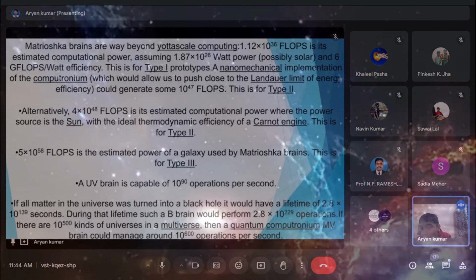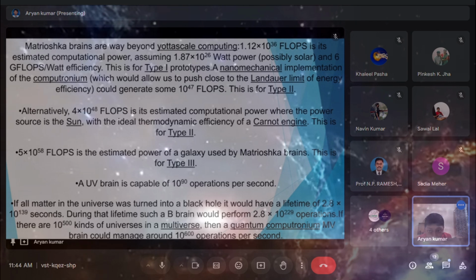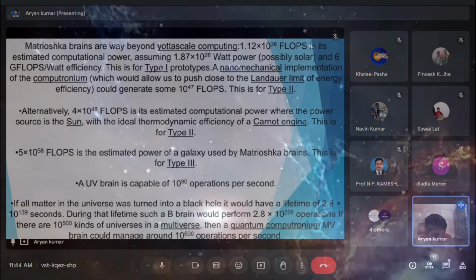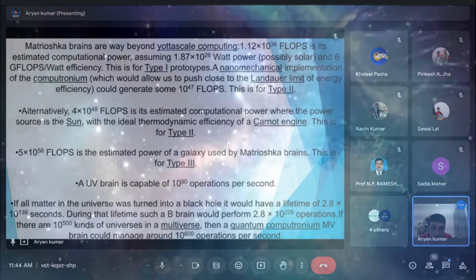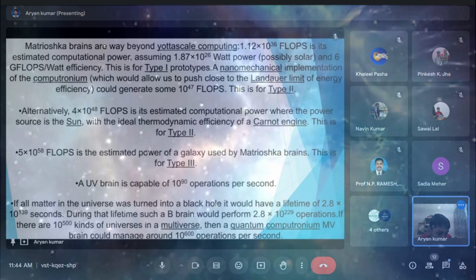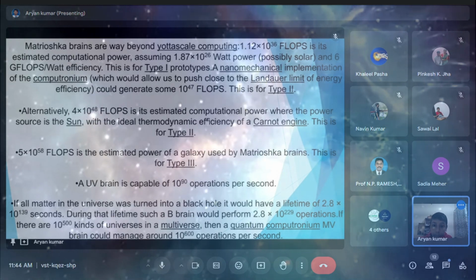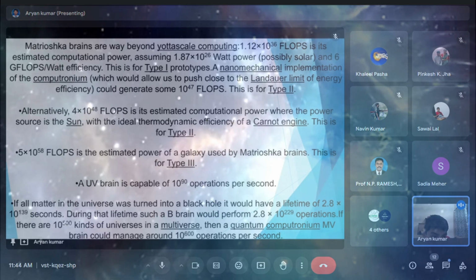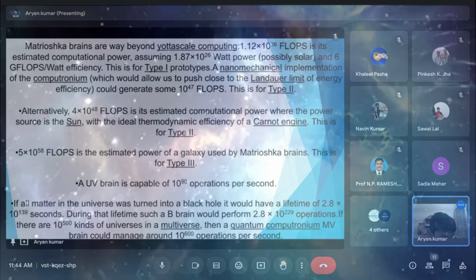And last, Matryoshka brains. These use the power of galaxies, stars and planets to power computers with immense computational power. This is all we have discussed till now.